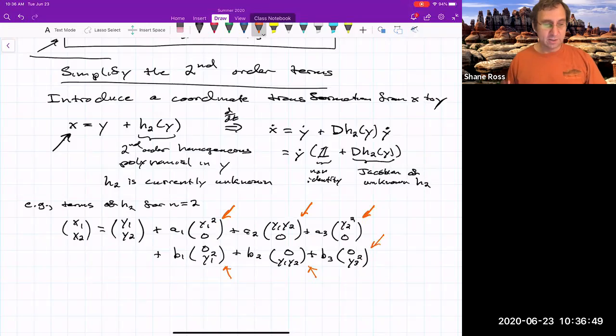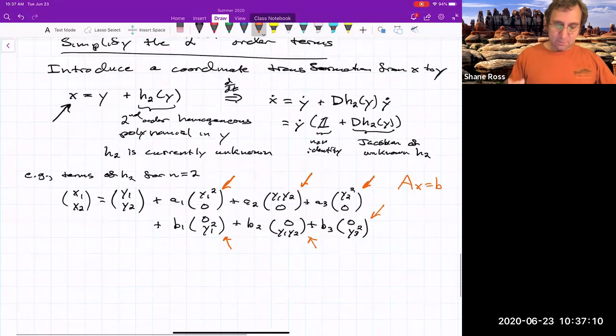And there are coefficients. So the key thing is it's a vector space. It's a linear space, and even though it's a nonlinear coordinate transformation, we could turn it into a linear problem, something equivalent to Ax equals b. So let's set that up.